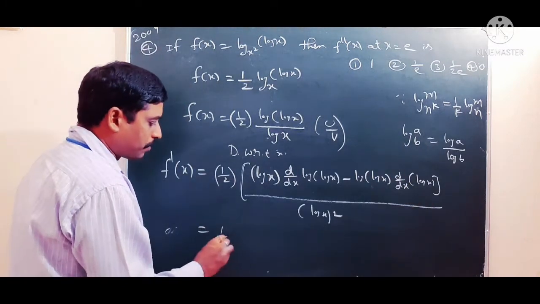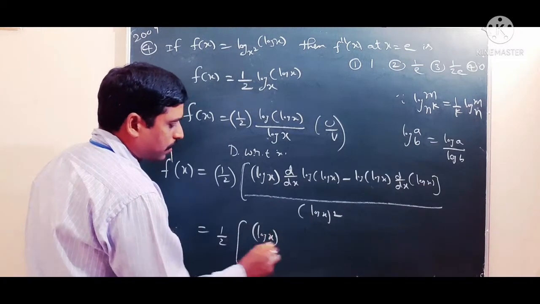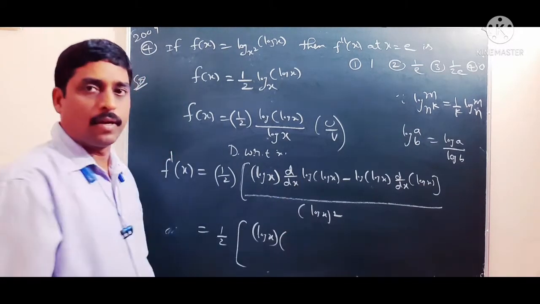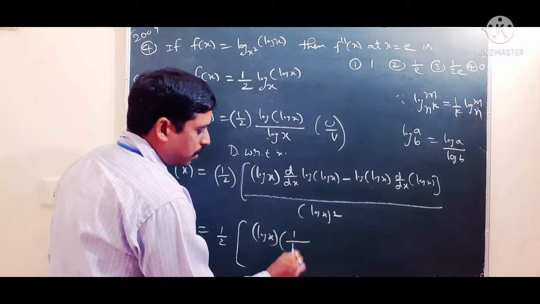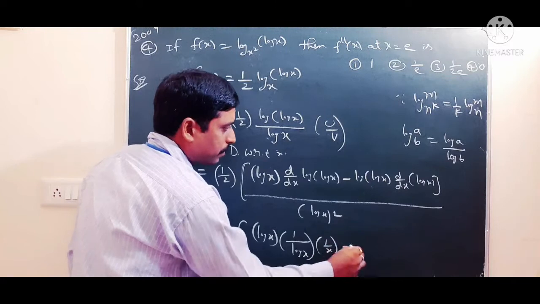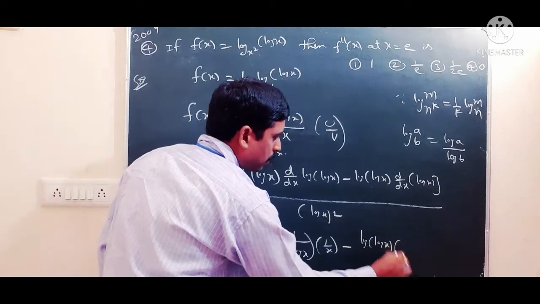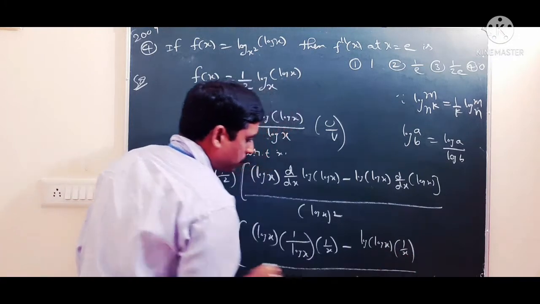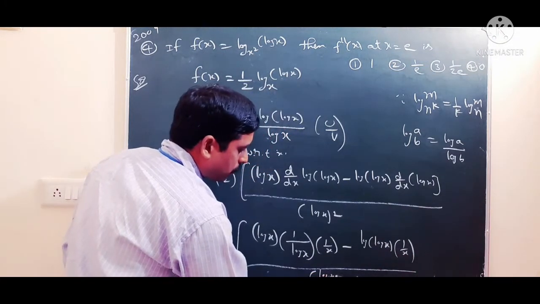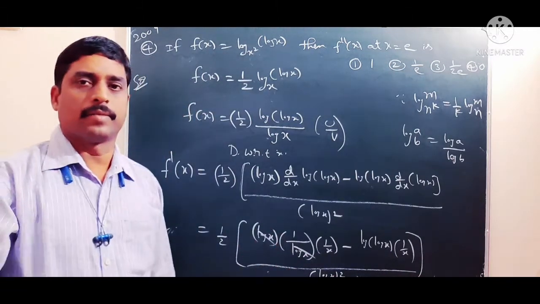So 1 by 2 times log x into the derivative of log of log x, which is 1 by log x into the derivative of log x, which is 1 by x, minus log of log x into 1 by x, this whole divided by log x whole square. In this, one log x gets cancelled.